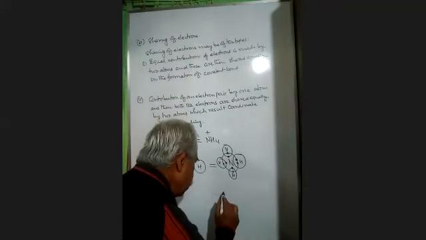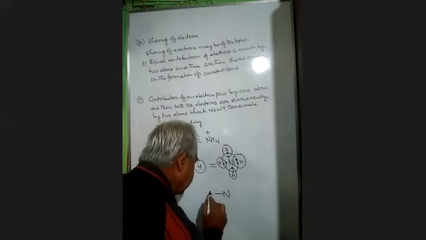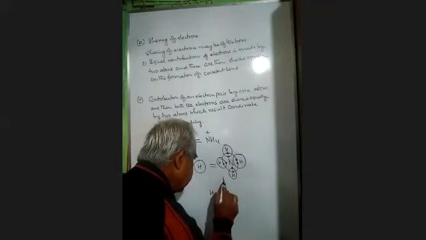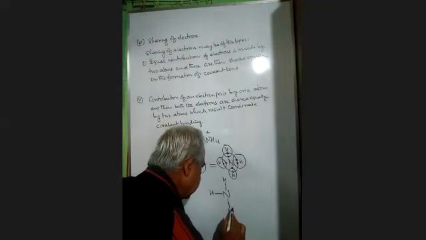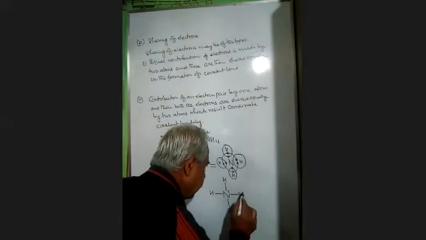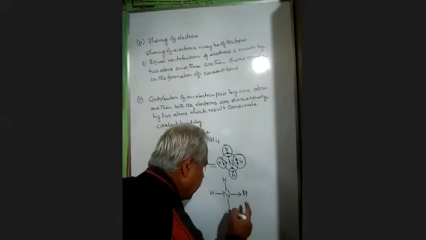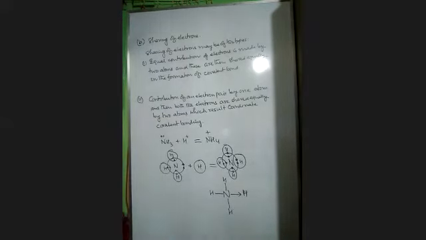Earlier, how we used to show this, we used to show it like this, and this is shown with an arrow, to indicate that this hydrogen did not contribute any electron in the bonding.